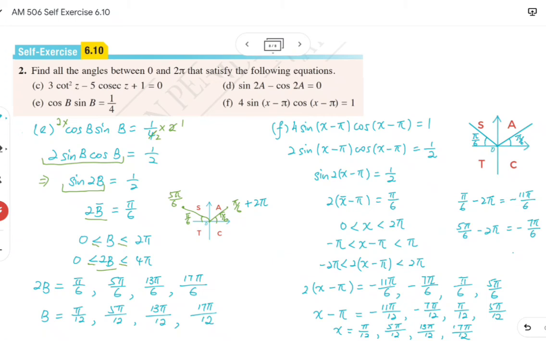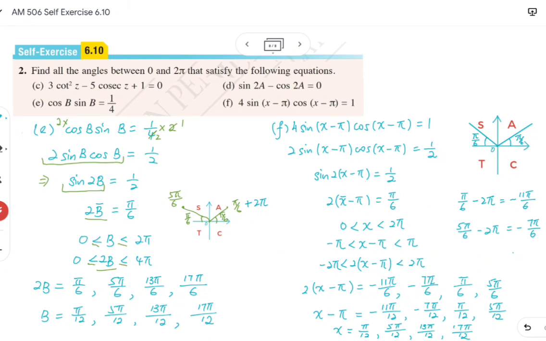F. 4 sine (x minus pi) cos (x minus pi) equals 1. From our double angle formula, we know that 2 sine cos of the same angle will be sine of 2 times the angle, which is x minus pi.